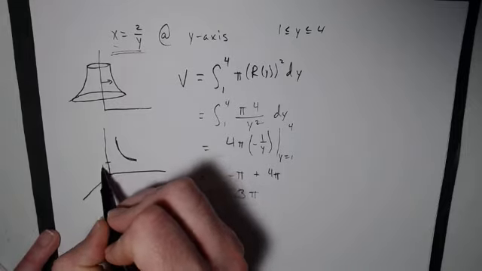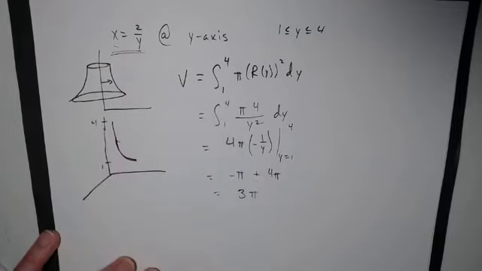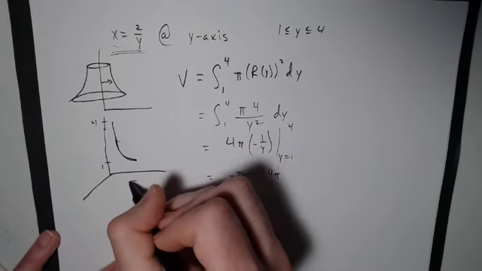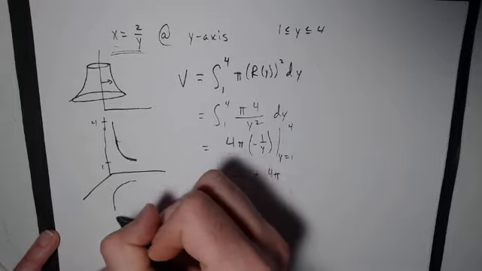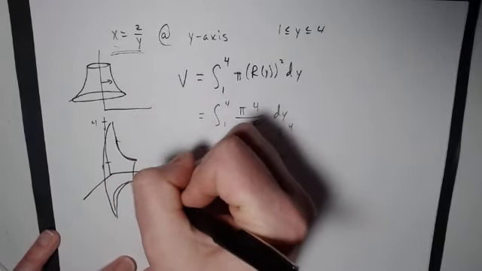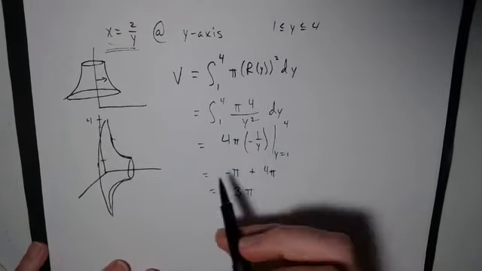So y goes from 1, maybe more like this, to 4. What if I rotated that around the x-axis? Like so. Gives a similar looking shape, but it's more squat and it's bigger.